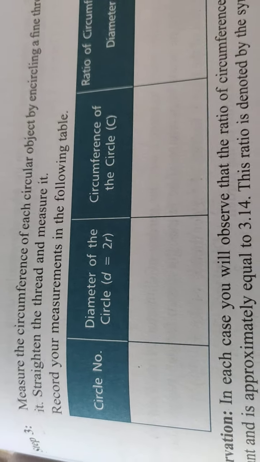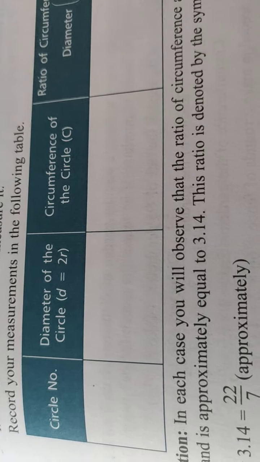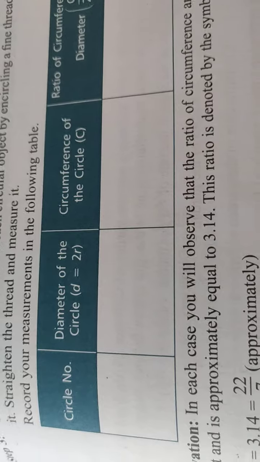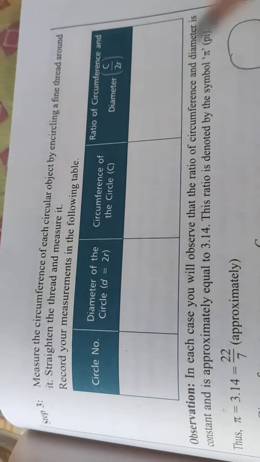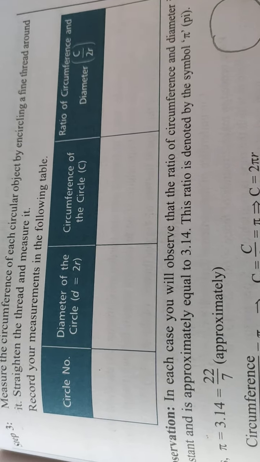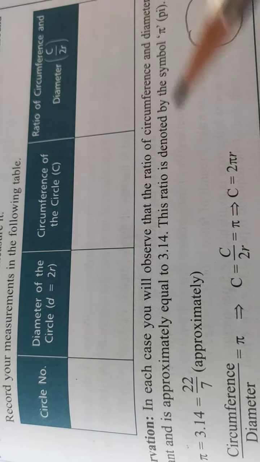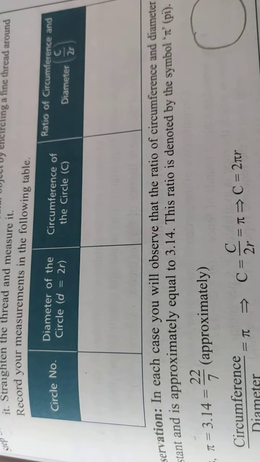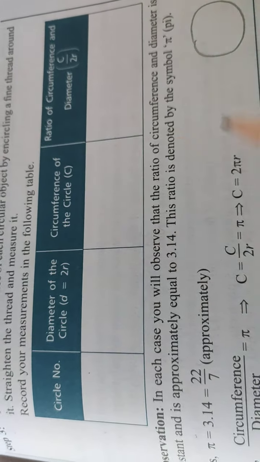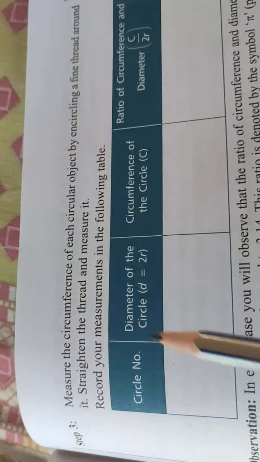It can be a lid, because most lids are round in shape. Or a tumbler, which is also round. Or if your mothers wear bangles, those are also round. Or any plate you use for your food. You can take 3 or 4 of anything that is circular in shape.